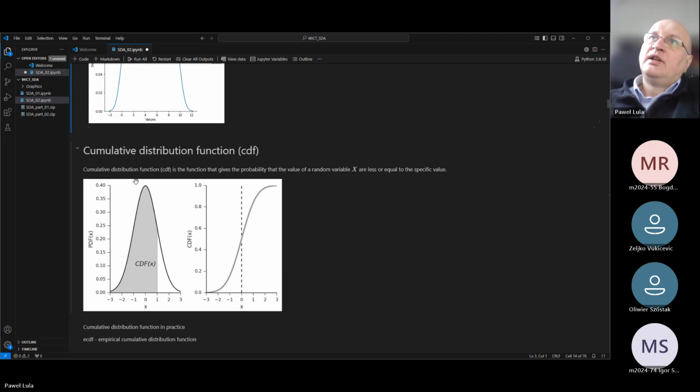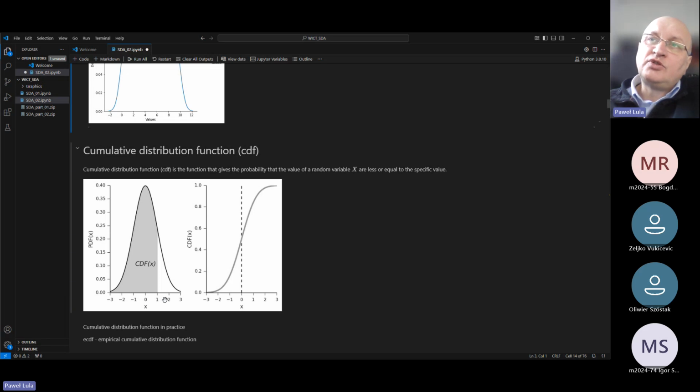And the cumulative distribution function has a very similar interpretation, but the left limit for this interval is equal to minus infinity.